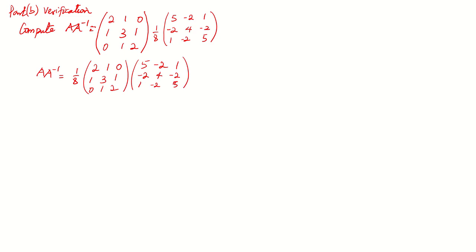All right. Let's multiply. So we have the scale factor, or the scalar, 1 over 8 outside. Don't forget how to multiply. I believe everybody still remembers how to multiply two matrices. This row multiply this column. All right. Let's go ahead with the multiplication. 2 times 5, right? That is 10.